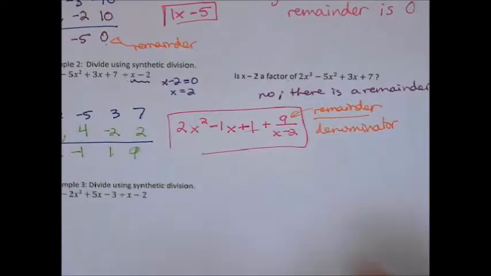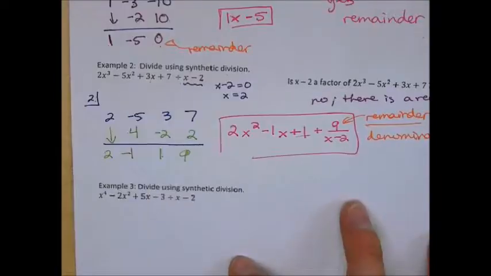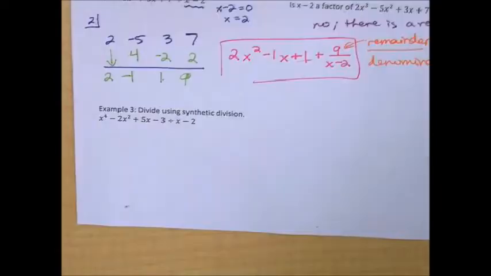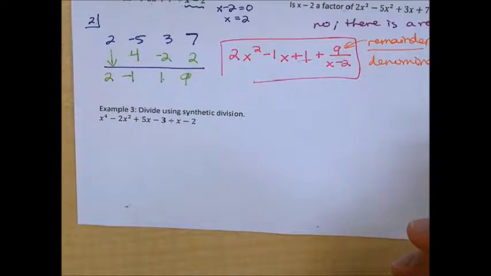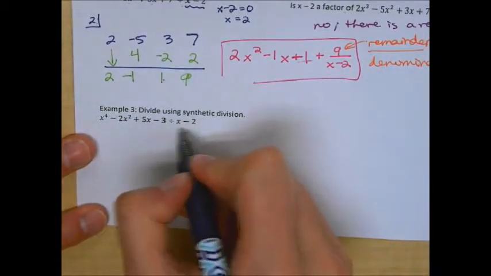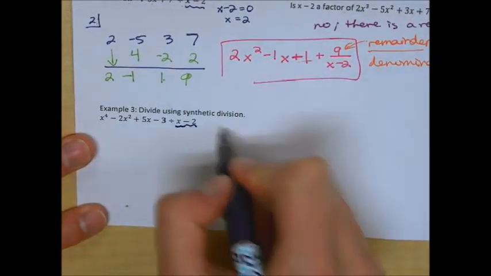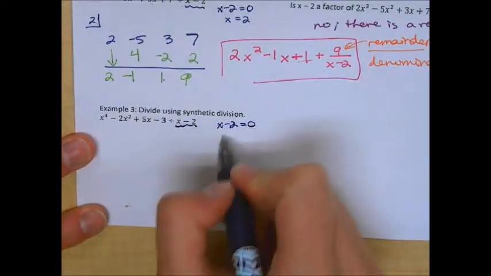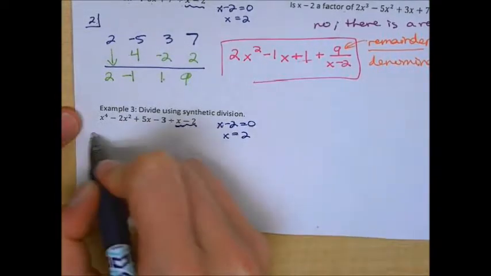Let's go ahead and look at example 3. Let's work on setting it up together. Take the denominator, set it equal to 0. That goes in our box.